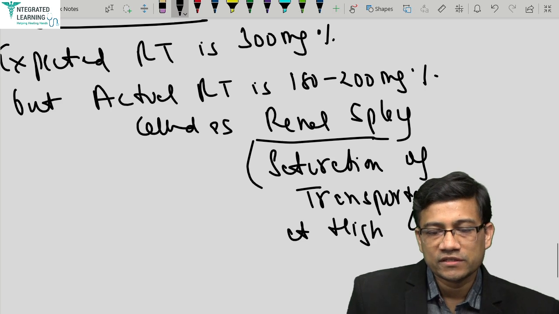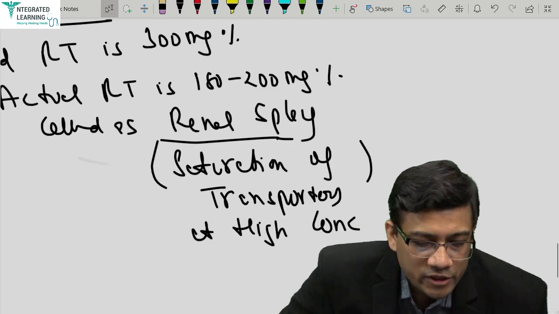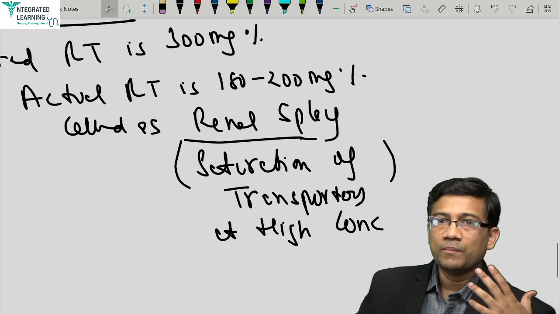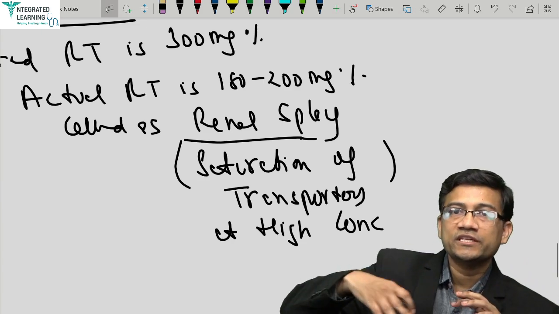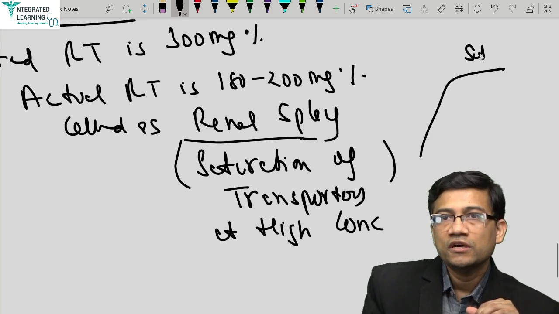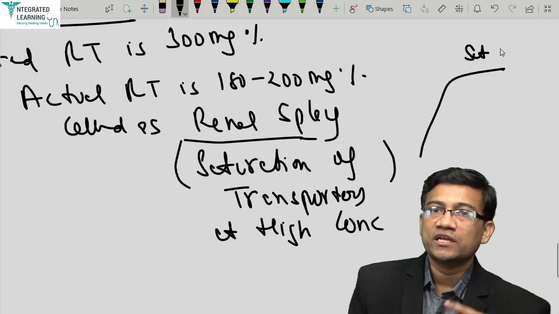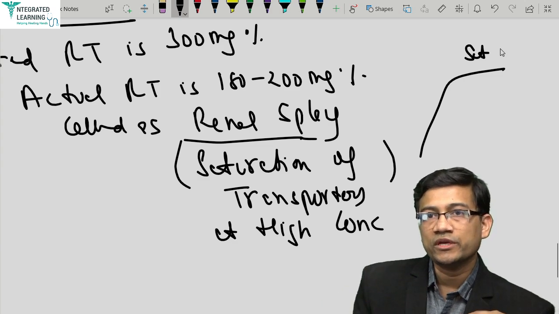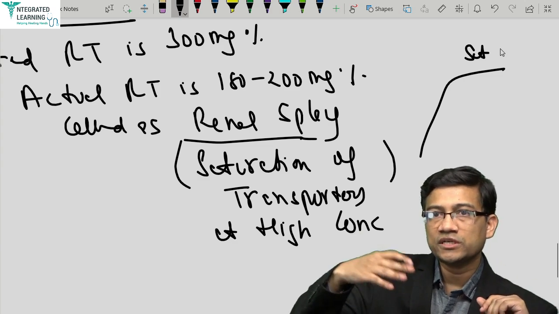Same funda we discussed already in terms of clearance. Saturation occurs, which prevents complete absorption. Initially the rate is very high, but as you go up the rate starts to decrease, so saturation reduces the rate of absorption of glucose, and the remaining glucose is lost in the urine, called the splay. So saturation is causing the loss.